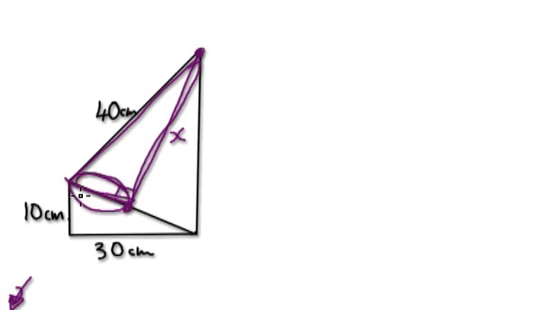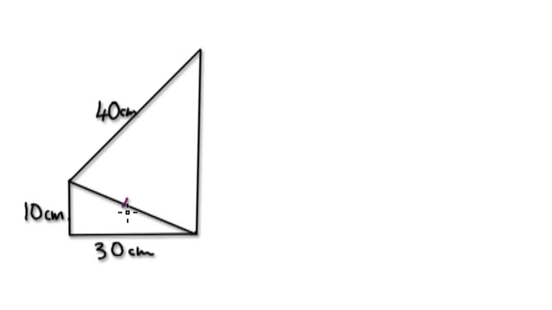This length here is half of the hypotenuse of the wedge. So your first step is to find out this length, and then divide it by 2 to get this length here.